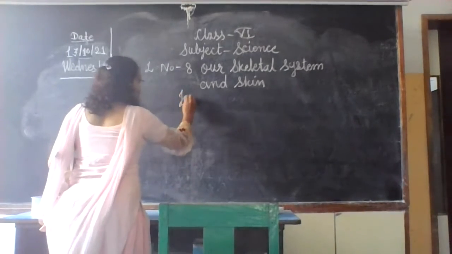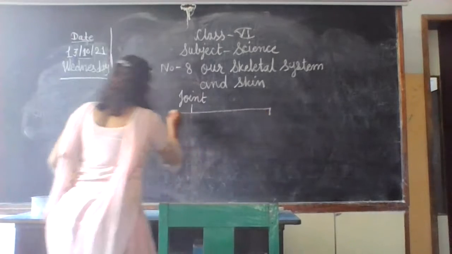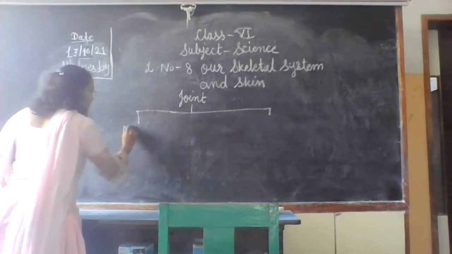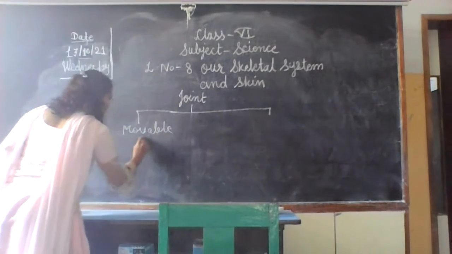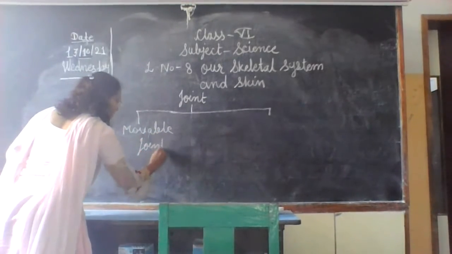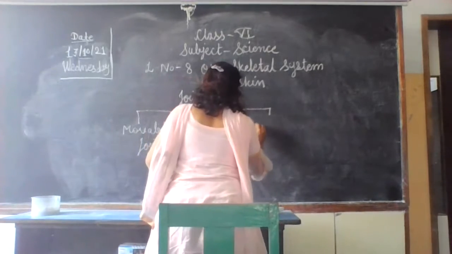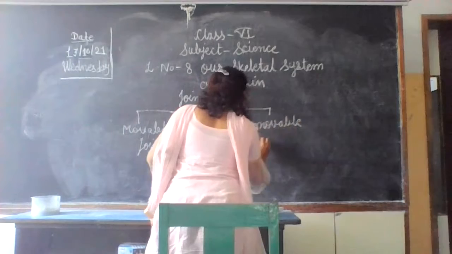So let's learn about joints. Joints are divided into two types, that is movable joint and immovable joint.